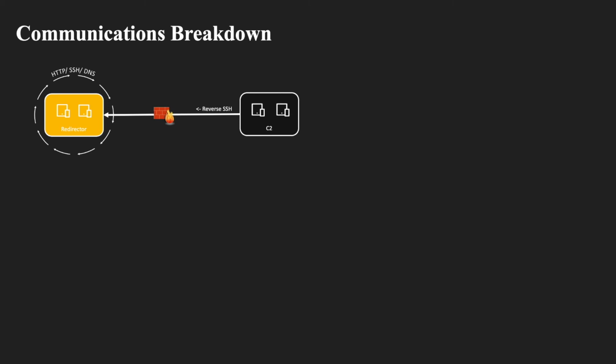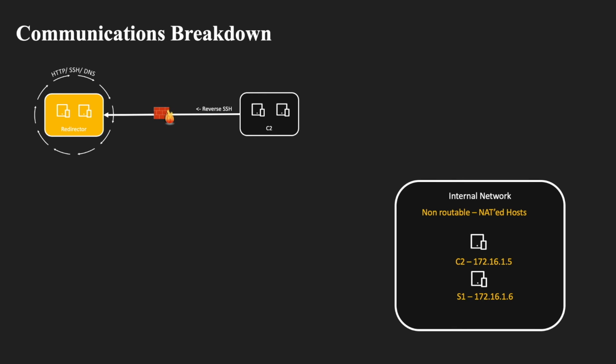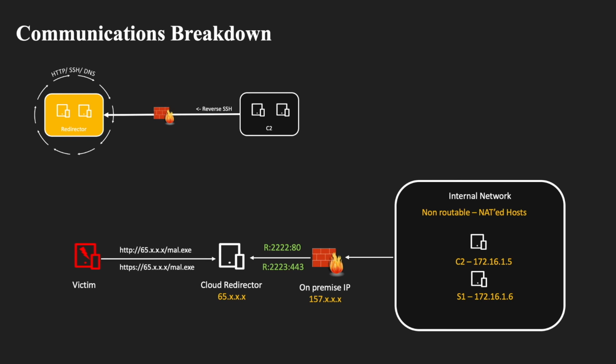So let's go through the communications and see it in a little more detail using this example, where we have the internal network. This is the red team network, consisting of the command and control server and another server hosted in-house. Of course, these servers are not directly internet accessible and they're behind a gateway.